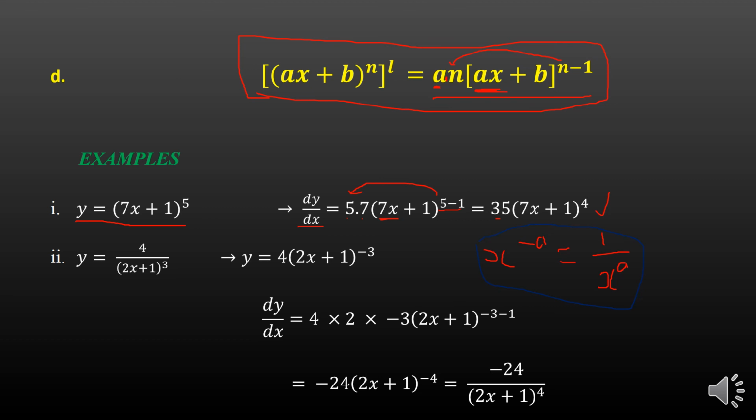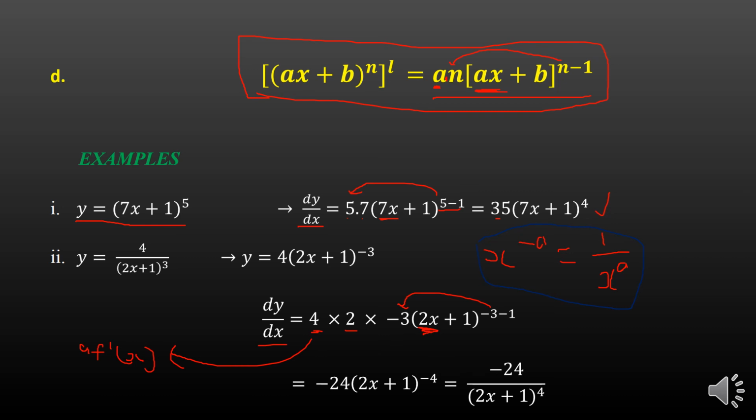So now we want to find dy/dx there. Likewise, we differentiate the function in x inside the brackets. If we differentiate 2x, we find our answer 2, and also bring down minus 3, and we multiply with the constant using the fact that we used in part C. So 4 times 2 times minus 3, we get minus 24 (2x plus 1) to the power minus 4.